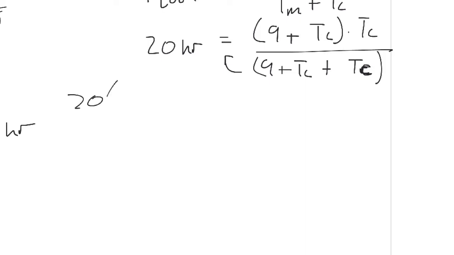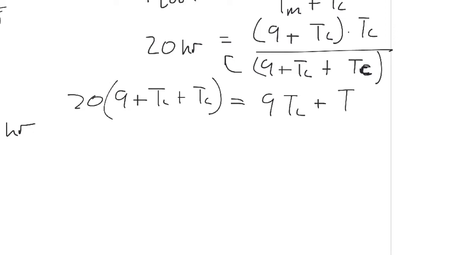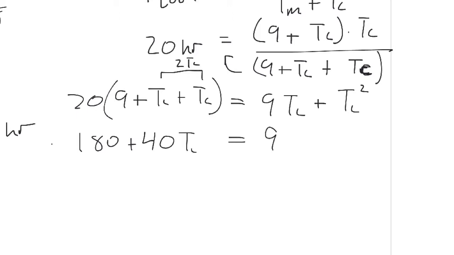And so we get 20 times 9 plus TC plus TC equal to, and I'm going to distribute, 9TC plus TC squared. Distributing over here, we get 180 plus 20 TC. I'll make that 40, because you can combine the two TCs together, and then when you distribute, you get 180 plus 40 TC is equal to 9 TC plus TC squared.